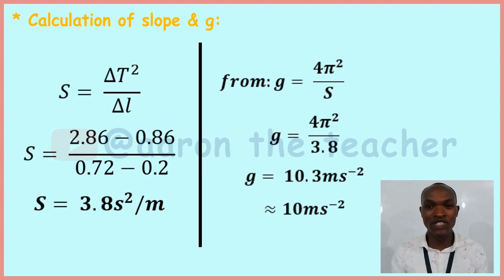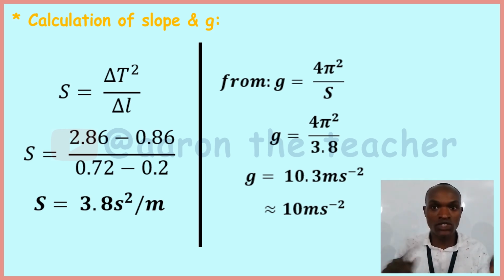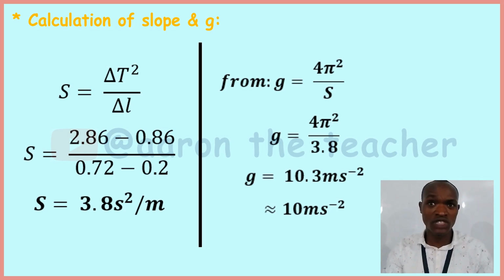Now check how the units are changing. If s was in seconds squared divided by meters, when we divide, this meter will move up and the seconds squared will be down. That's why you're getting meters per second squared. And also, the number of significant figures: you're getting 10.3, but check what we've divided.